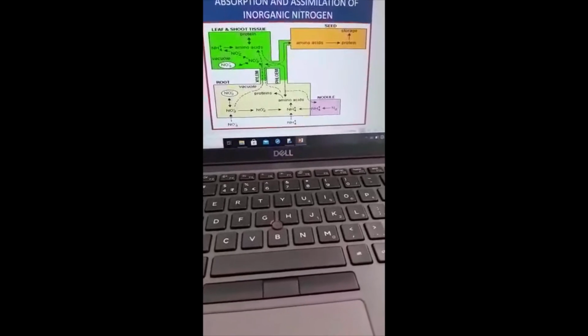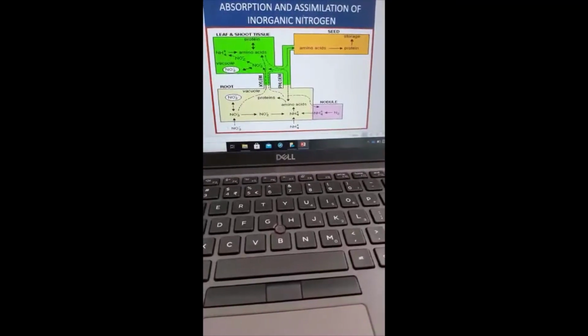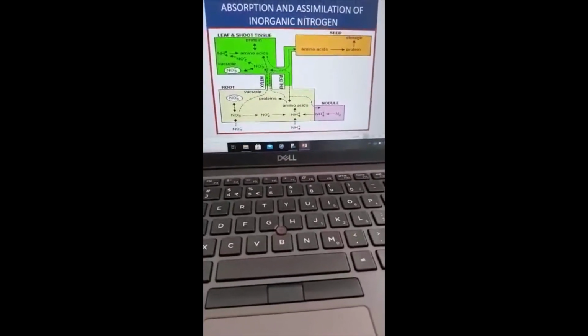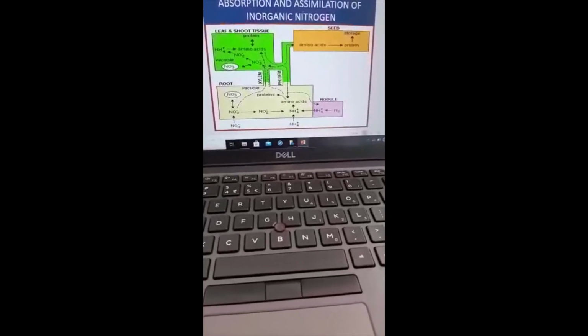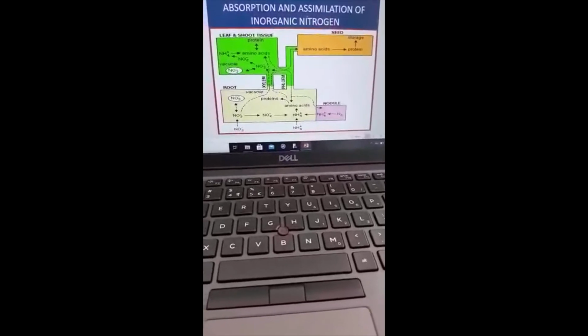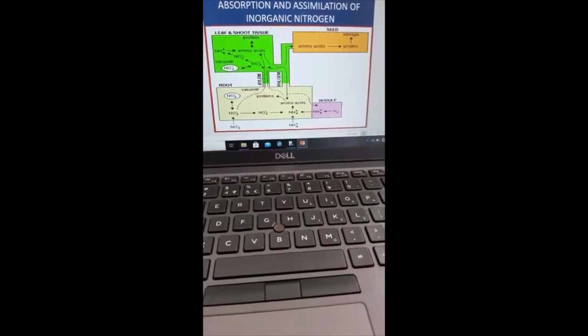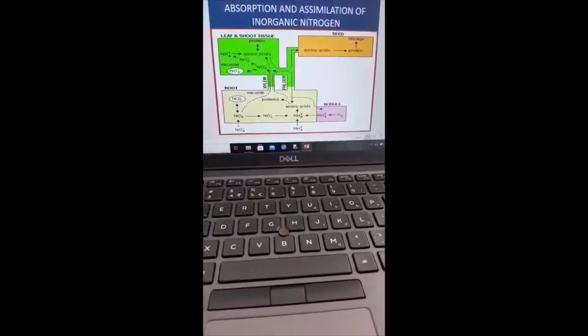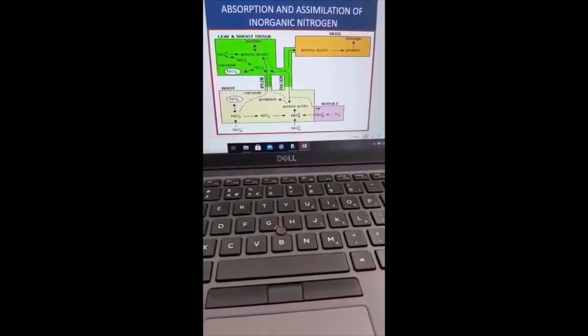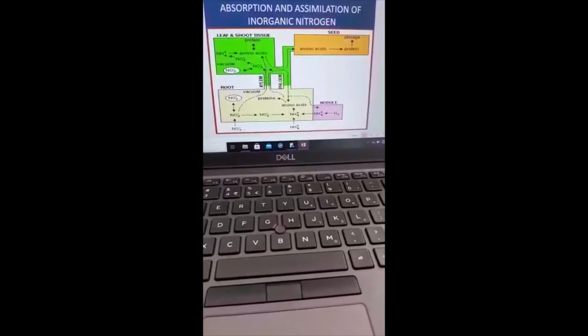So nitrate, part of it can be processed within the root, but part of it can be processed within the leaf. In some cases, all of it is processed within the root, and in other instances, all of it is processed within the leaf. This differs from one plant species to the other.